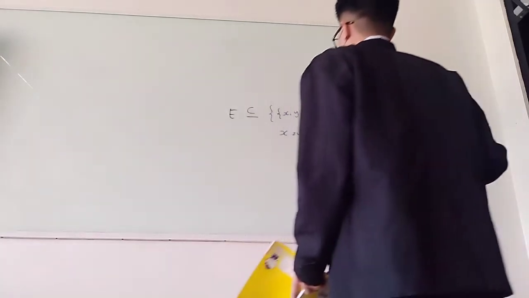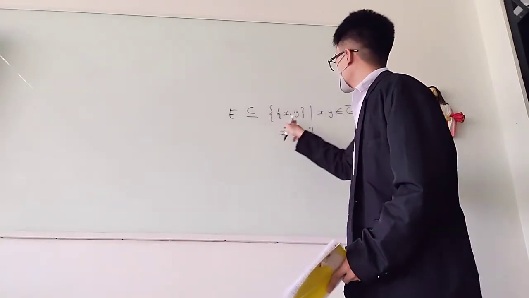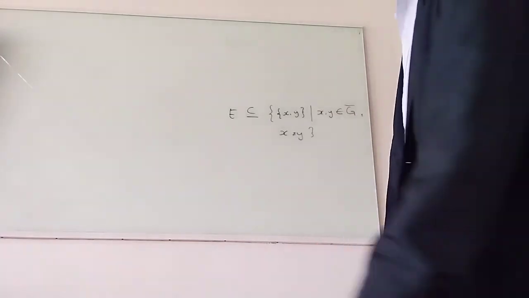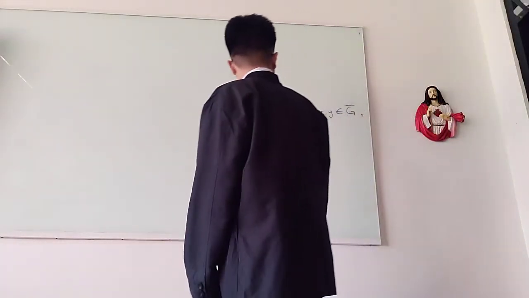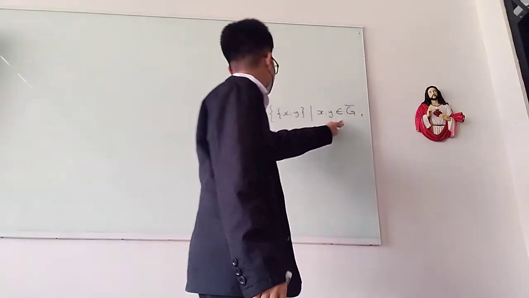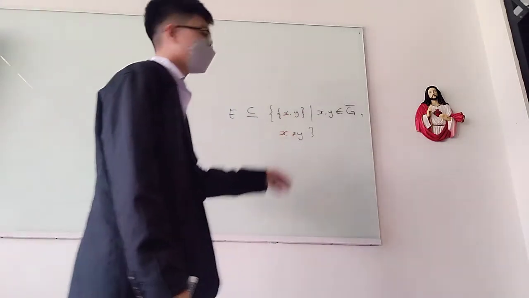So what we're saying is that this set here is the set of all possible connections we can make between the points x and y inside our set of points G. So once we equip this G with this subset of this set, we have ourselves a graph.